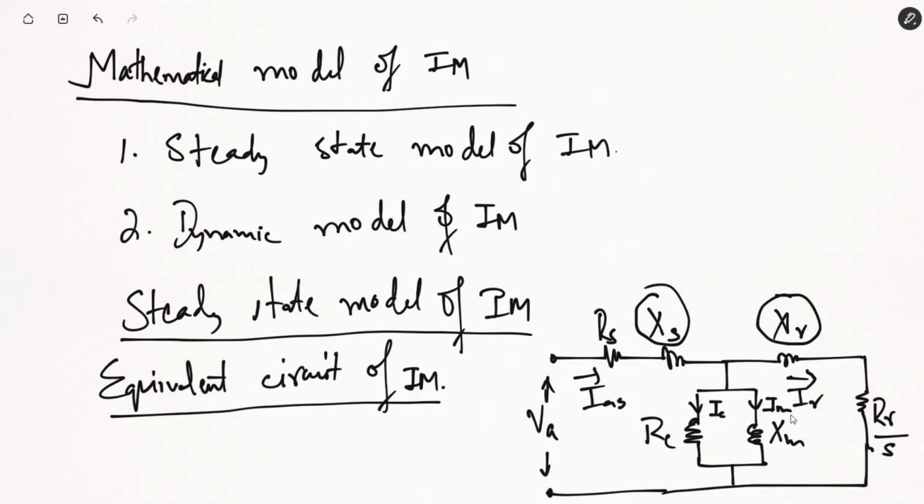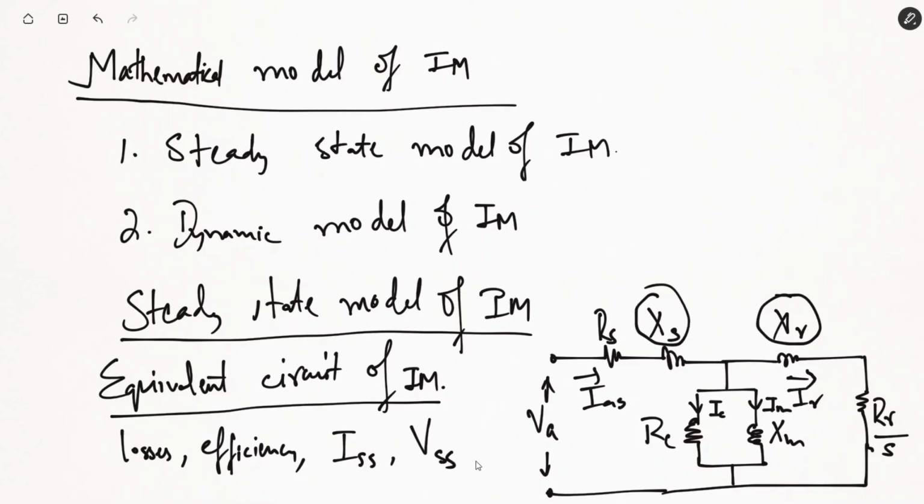So all in all, the steady state model only gives us the steady state profile or the steady state behavior of the induction motor. The losses, the efficiency, currents, steady state values of currents, steady state values of the voltage.